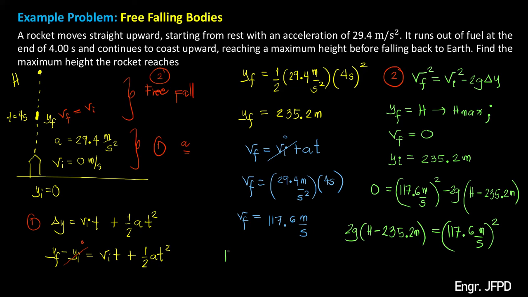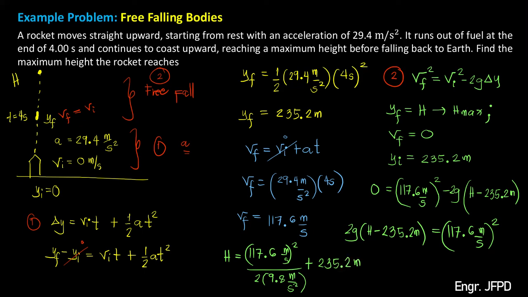Therefore, for the maximum height H now, this will be equal to 117.6 meters per second, then squared, then dividing both sides of the equation by 2g, that is 2 times 9.8 meters per second squared. Then transposing the negative 235.2 meters, and that is a plus 235.2 meters.